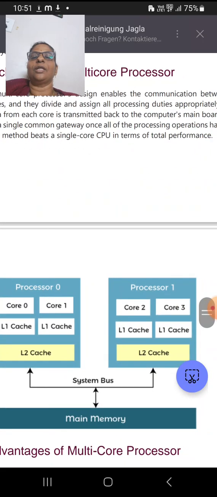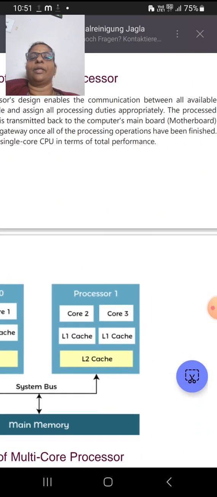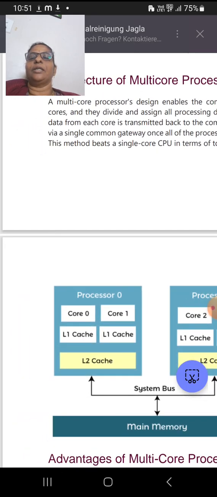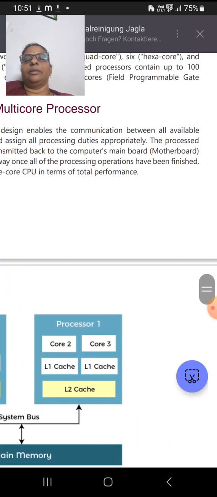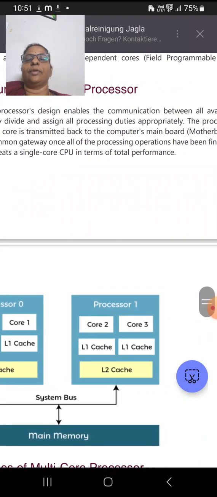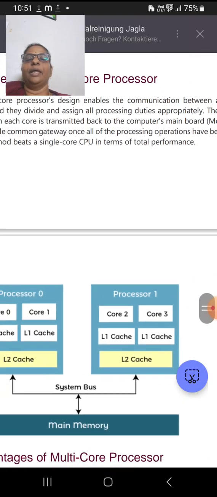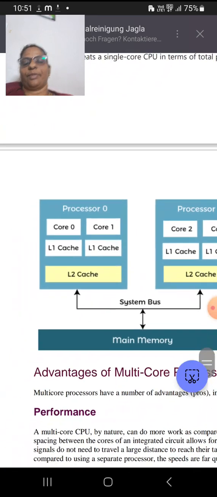It assigns the processing duties appropriately. The processed data from each core is transmitted back to the computer's main board, or motherboard, via a single common gateway. Once all the processing operations have finished, this method outperforms a single core CPU in terms of total performance.